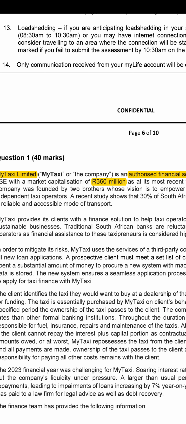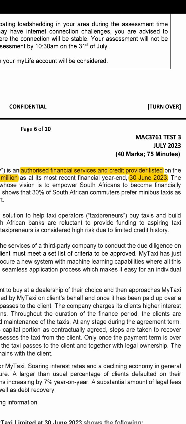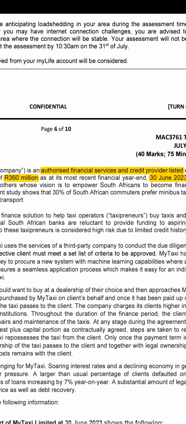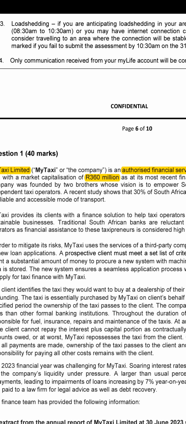Okay. And now the question goes on to say a recent study shows that 30% of South African commuters prefer minibus taxis as a reliable and accessible mode of transport. So this information wasn't given for the sake of giving you information.